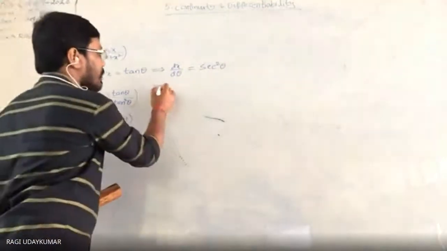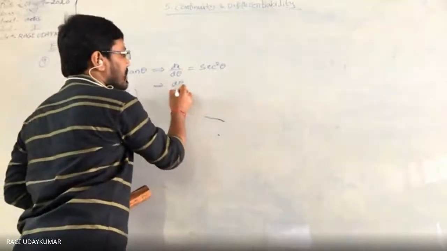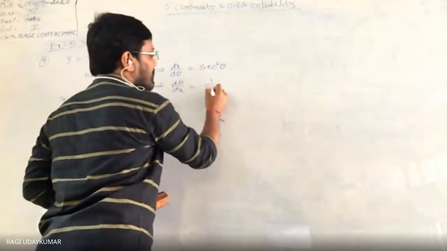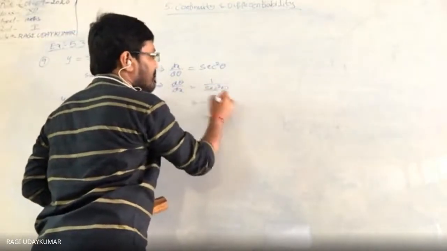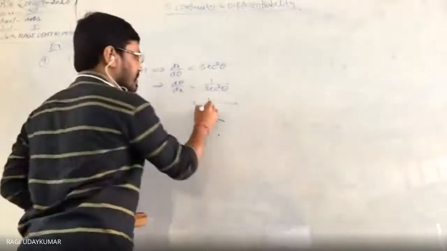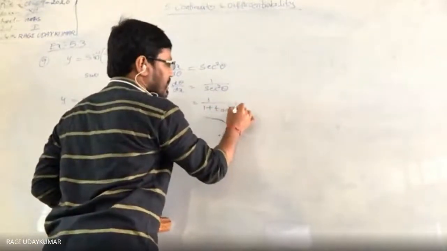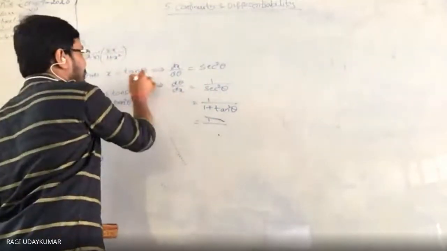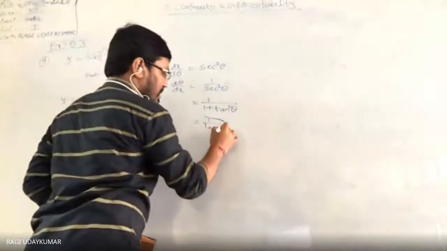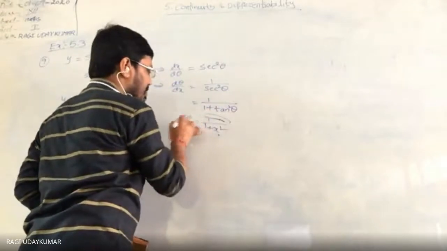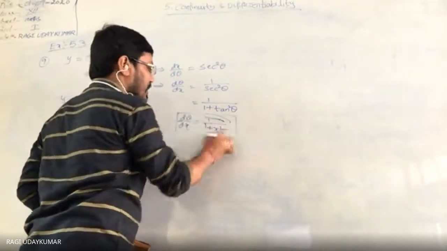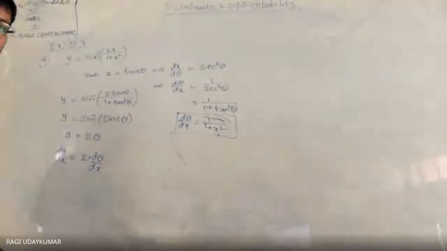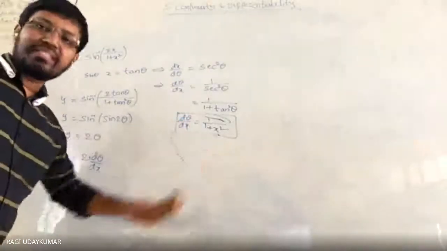So what do you get from this? d theta by dx is equal to 1 by secant square theta, and 1 by secant square theta can be written as 1 by 1 plus tan square theta. Tan theta is nothing but x, so 1 by 1 plus x square. So d theta by dx we are going to get as 1 by 1 plus x square.